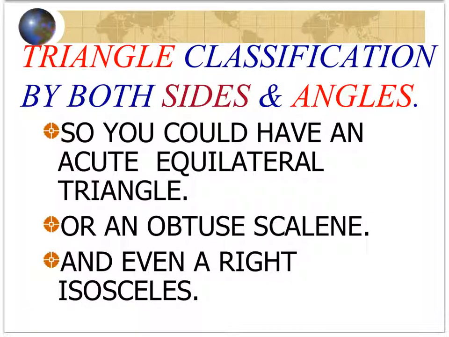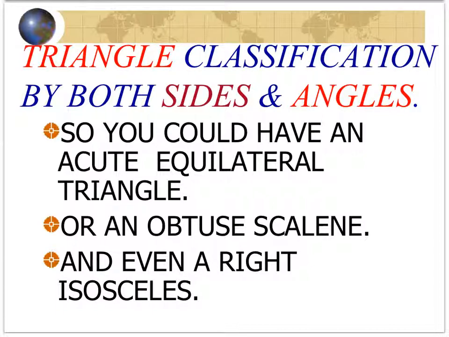So what you can do now is put these two together and say, we can classify it both by sides and by angles. And it depends on the person that is instructing you whether they want sides first, angles first, or vice versa. So you could have an equilateral acute or an acute equilateral triangle, meaning all the angles are less than 90 and all sides are equal.